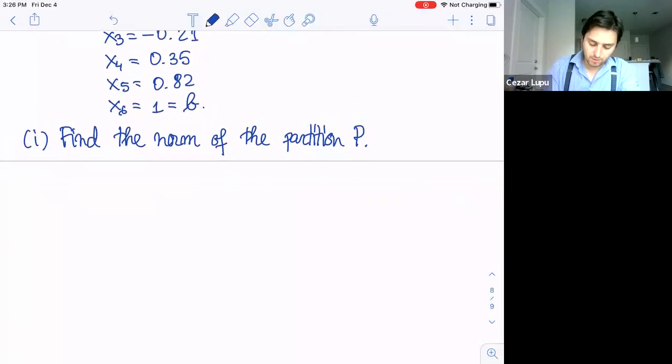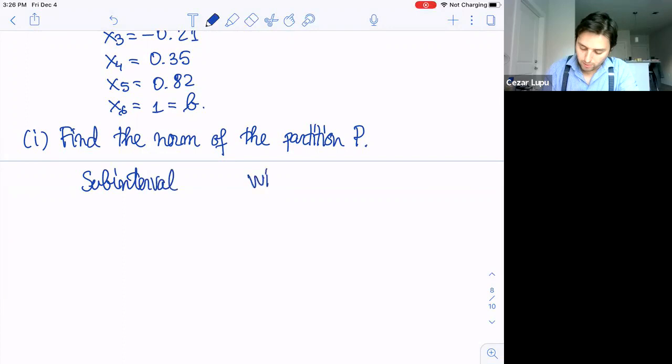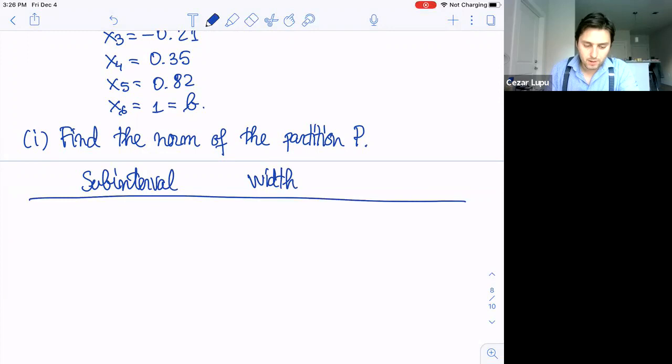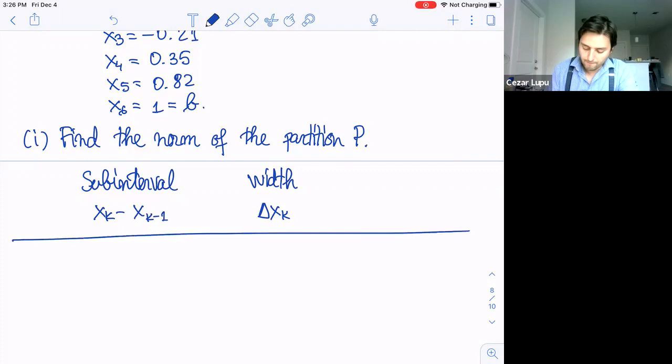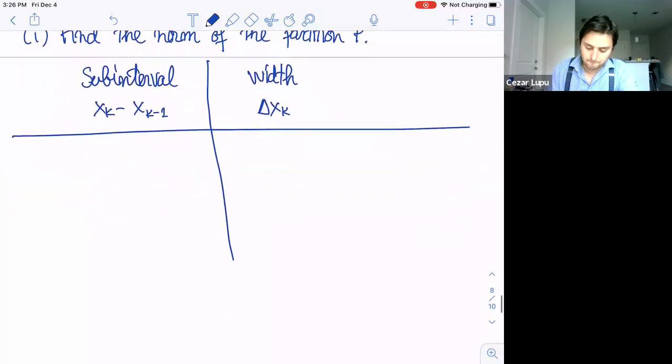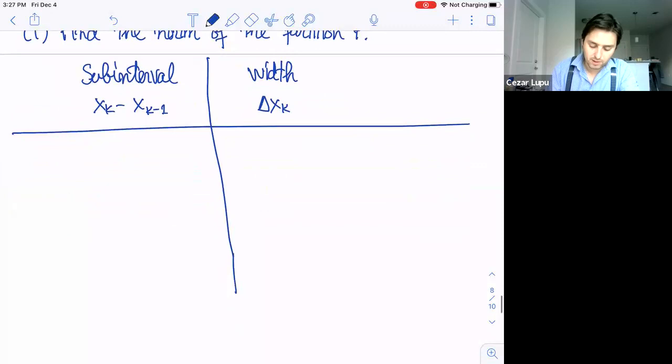So let me just say the following. I'm going to draw the following chart. Here I have the subinterval. Here I have the width. So you know the formula. In fact, let me write it again. The width is delta xk, and the subinterval is xk minus xk minus 1. So the first subinterval will be x1 minus x naught.